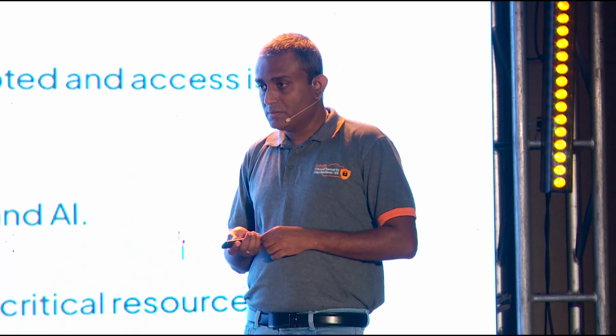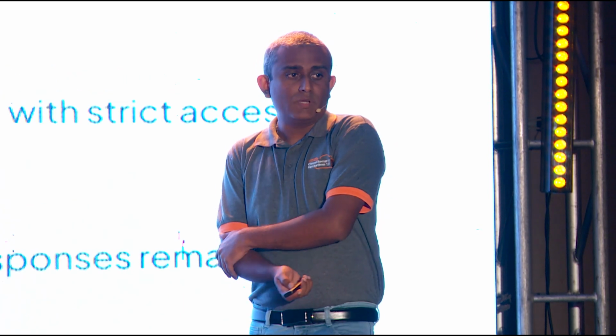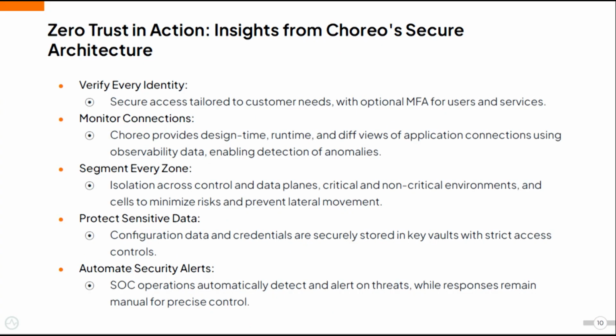I'm not going further with the other details, but let's take another example in Choreo. So how Choreo has implemented some of these zero trust architectures. As usual, all our applications and the CLI are authenticated through Asgardeo, and as of now we haven't enabled multi-factor authentication, but it is supported for selected organizations as they wish to continue with high security options.